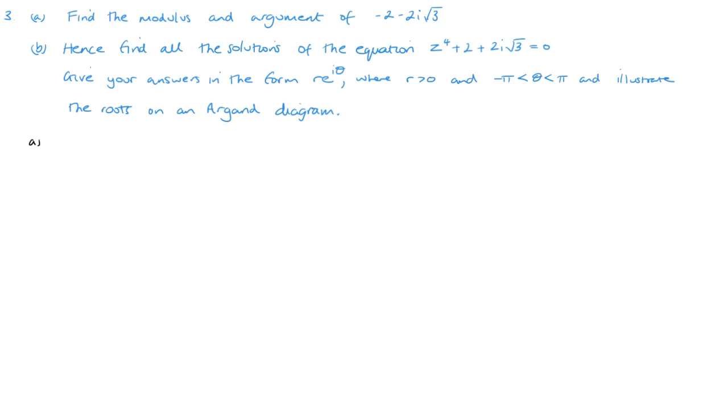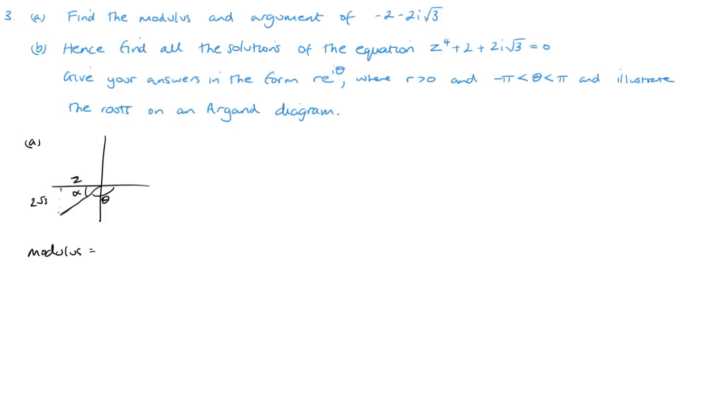Now the first of the exam questions. So first the modulus and argument of minus 2 minus 2 root 3 i. It's down here, and it's going to be 2 in this direction and 2 root 3 in this direction. So I call this alpha and this will be theta. Remember that the argument is from 0 to pi and 0 to minus pi, because it's between minus pi and pi. Okay, that's the argument.